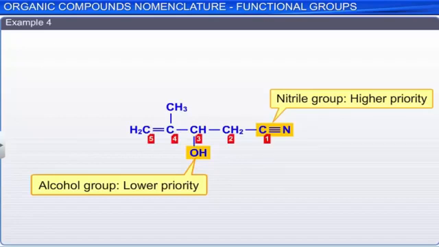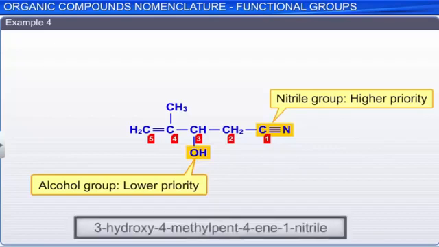Hence, the name of the compound will be 3-hydroxy-4-methyl-pent-4-ene-1-nitrile. The terminal E of the parent chain is retained as it is followed by a consonant and not by a vowel or Y.